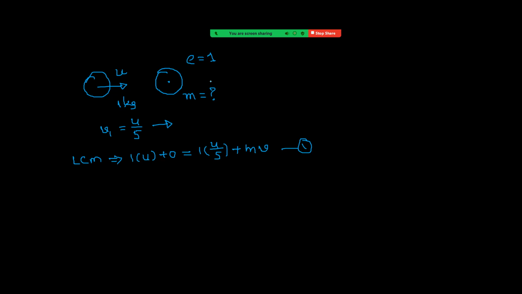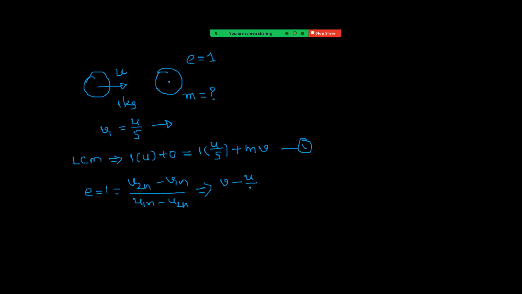Next, given e value 1. So e value 1 means it is (V2n minus V1n) upon (U1n minus U2n). So V2n is nothing but V, V1n is nothing but u by 5.